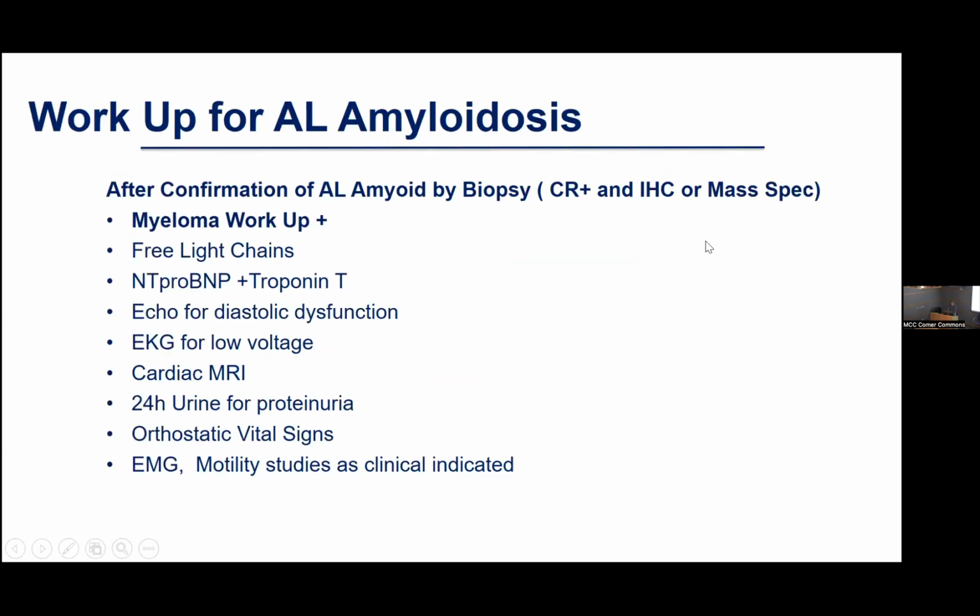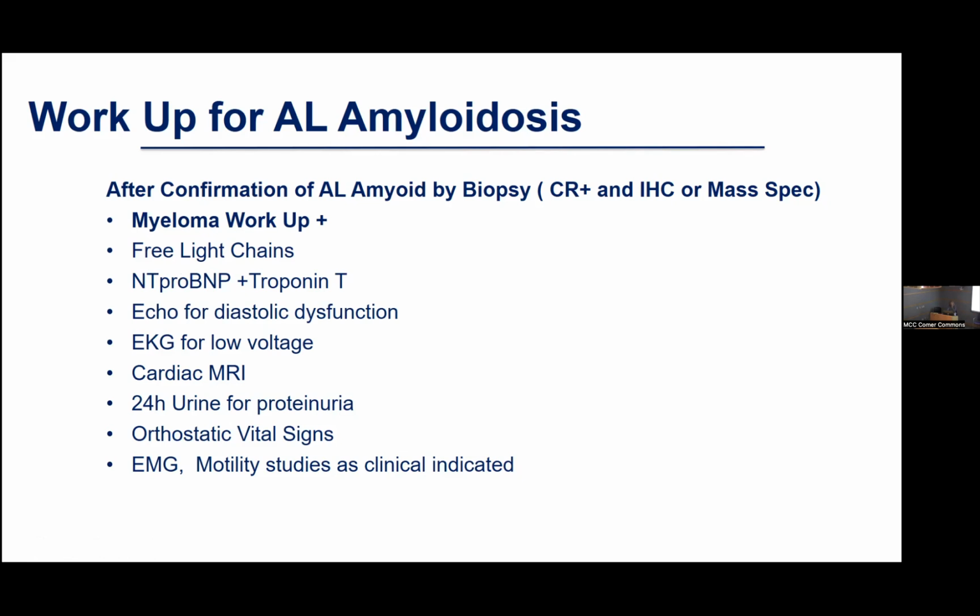Any new amyloid should get a myeloma workup with a bone marrow biopsy, a karyotype, and a plasma cell FISH panel. Okay, so 11;14, which is the most common translocation in amyloidosis, free light chains, pro-BNP and troponin. It's amazing, I see referrals without that.